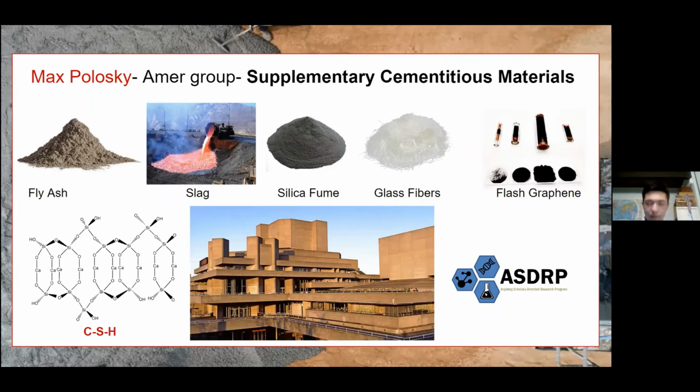Another common SCM is silica fume, which is a byproduct of reducing quartz in electric arc furnaces, basically to manufacture silicon metals used in everyday items like solar panels or technologies like phones, computers, etc. Silica fume is a very pozzolanic material.